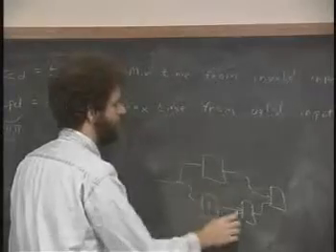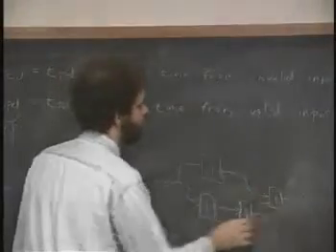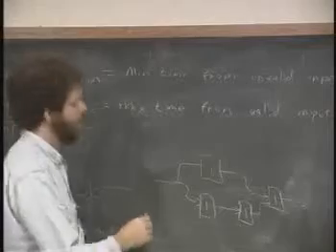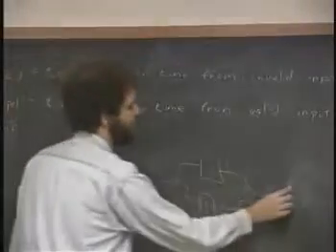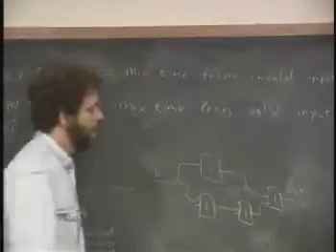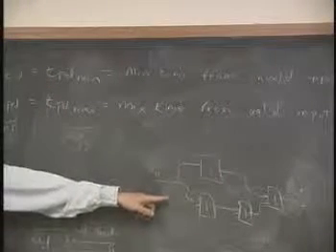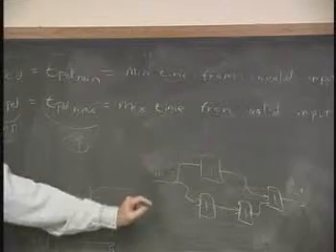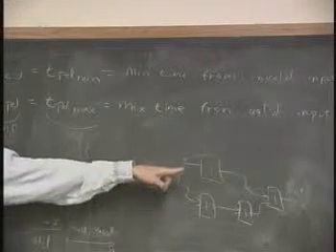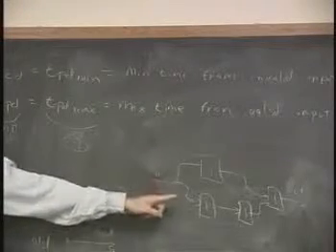Let's say I had a circuit that was made up of units whose time delay was all 1. Here's the input, and here's the output. Oh, I'm sorry. Let's say I had a circuit which had two paths through it, one of which had a time delay of 1 and the other had a time delay of 2.